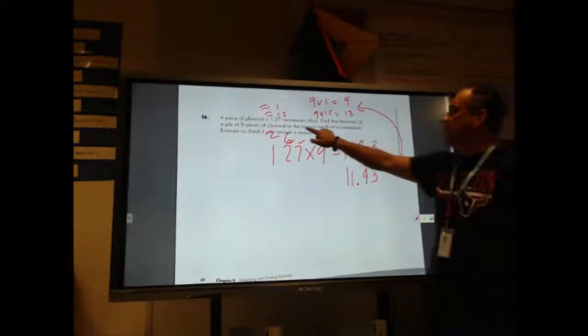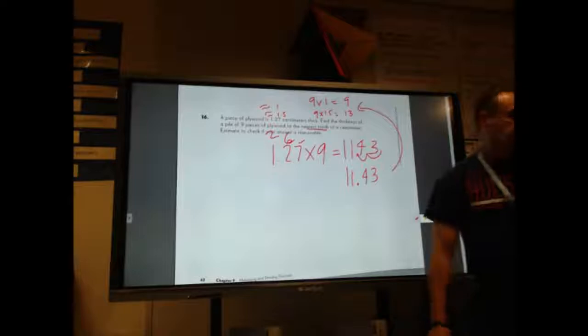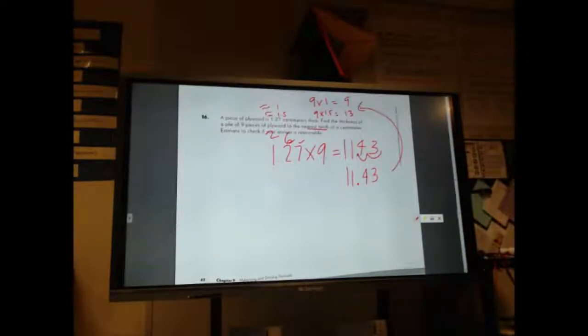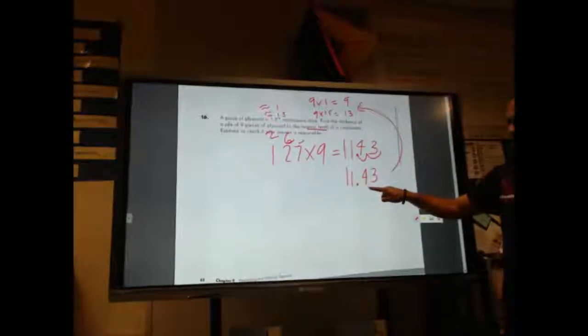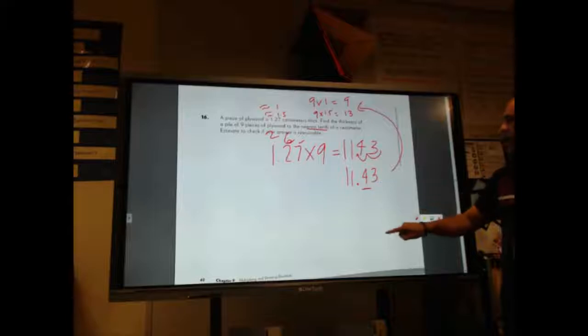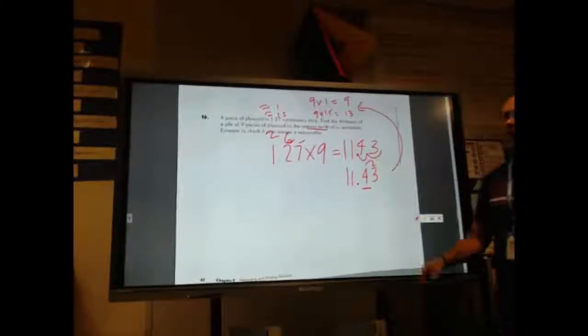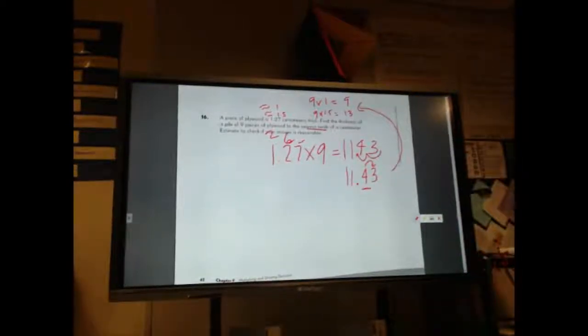And the next step that I need to do is round it to the nearest tenth, right? Okay, so I'm going to find my tenth, which is the 4. I'm going to look at its neighbor, which is a 3. So I know that is smaller than 5. So I need to round down.